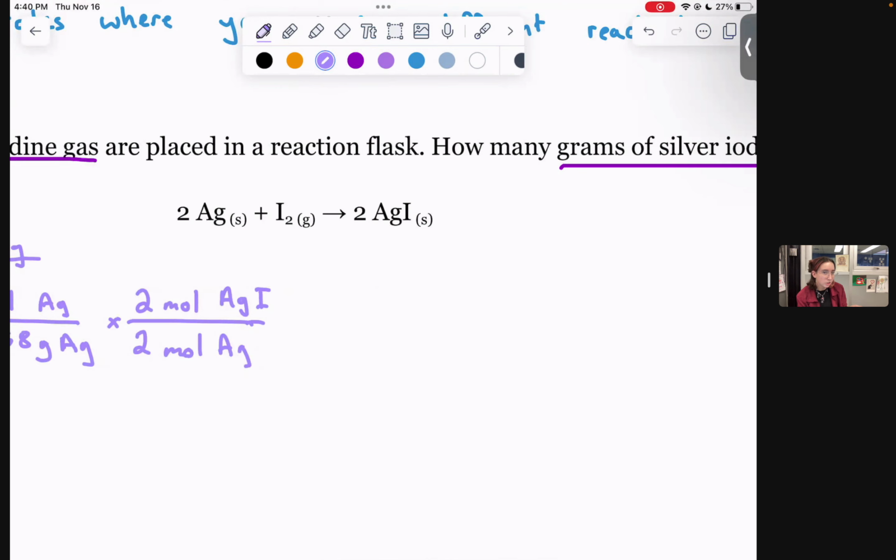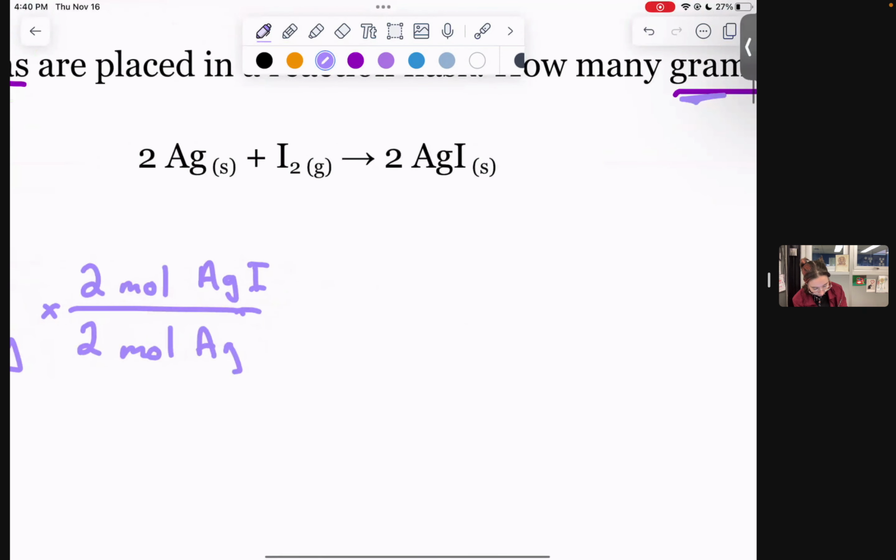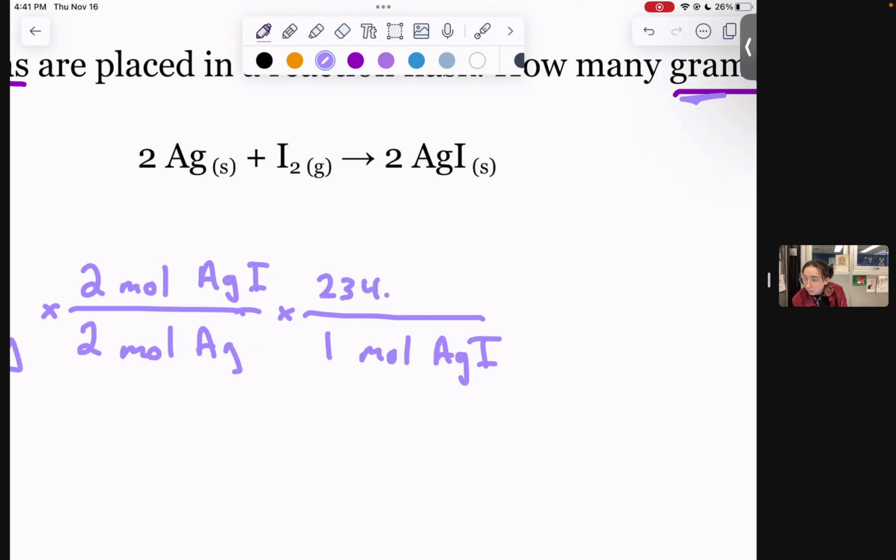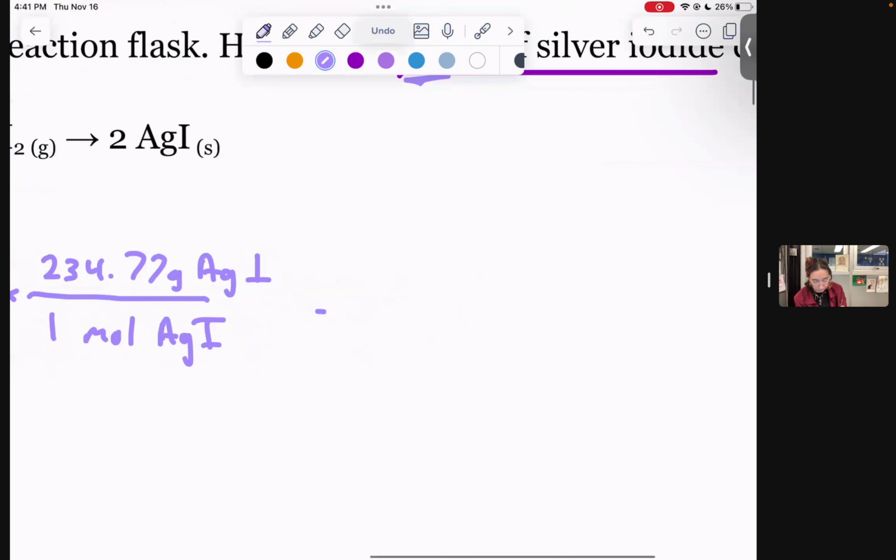When I solve it, I solve for what the question's asking for, so I'm going to solve for grams. 1 mole AgI is 234.77 grams AgI. Multiply all across, and you would get this many grams of AgI.